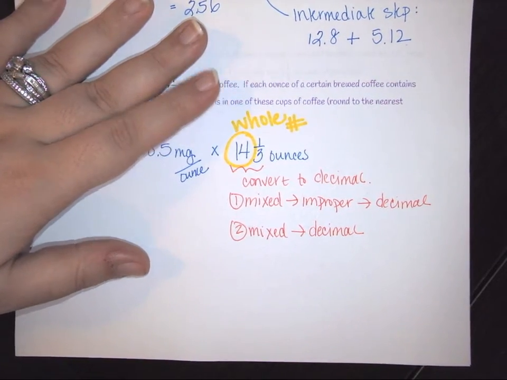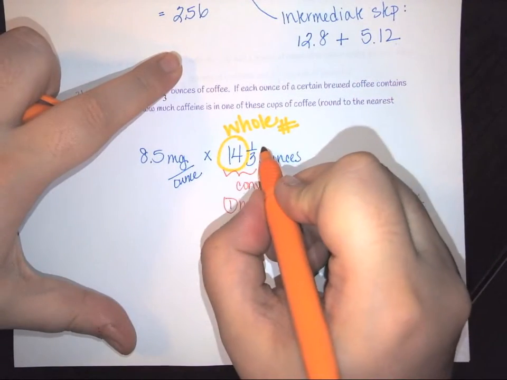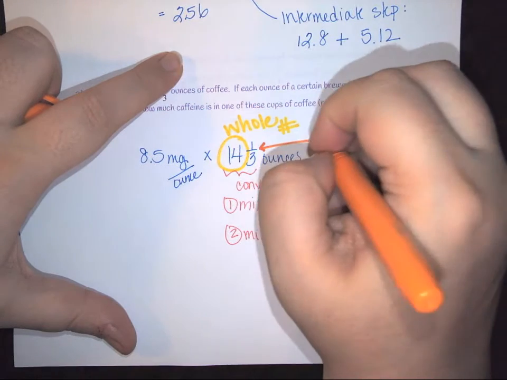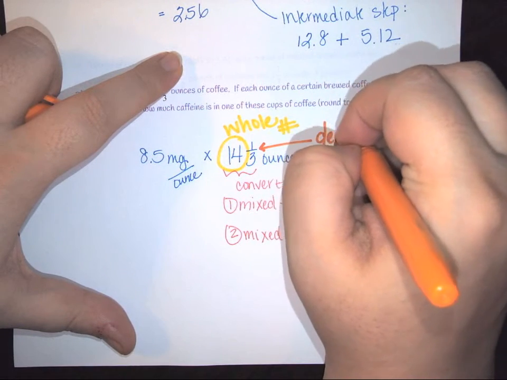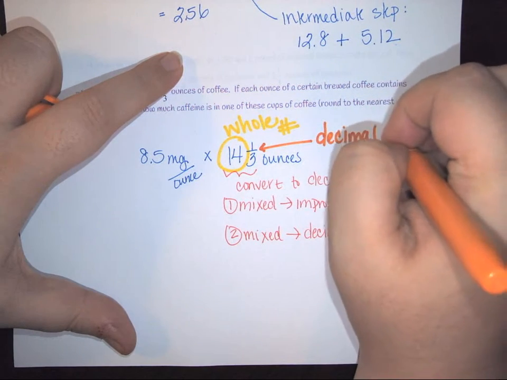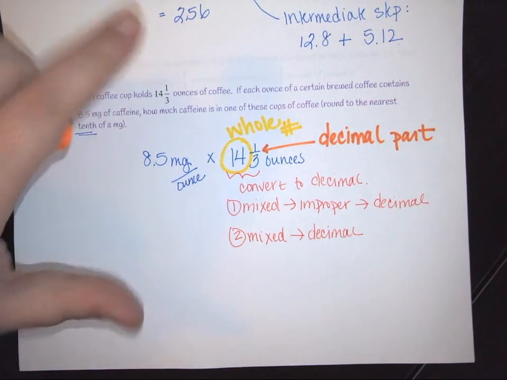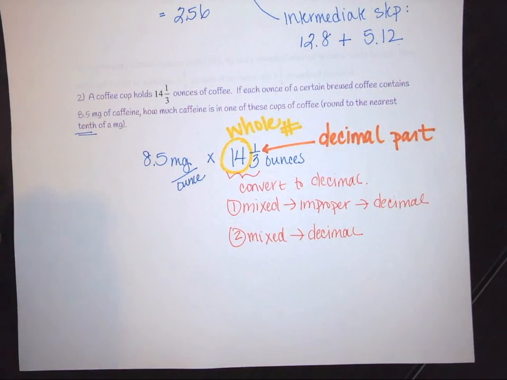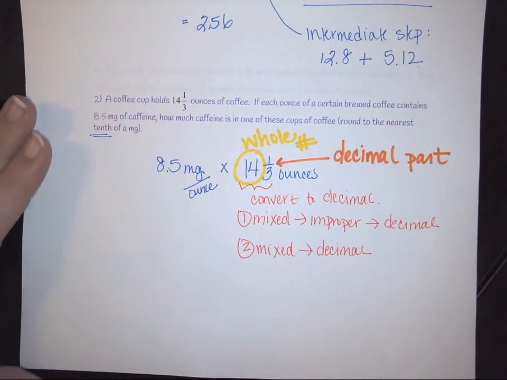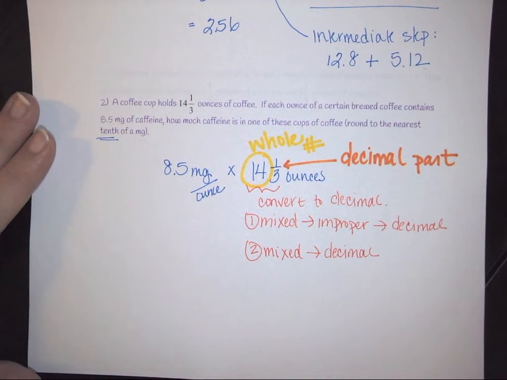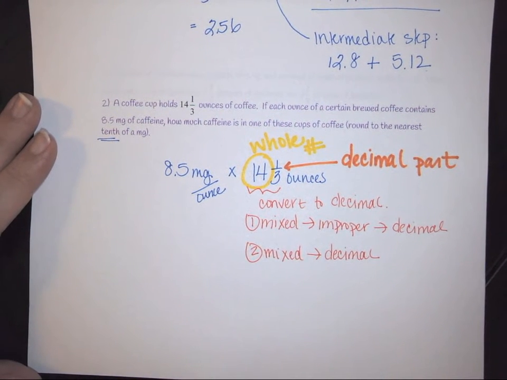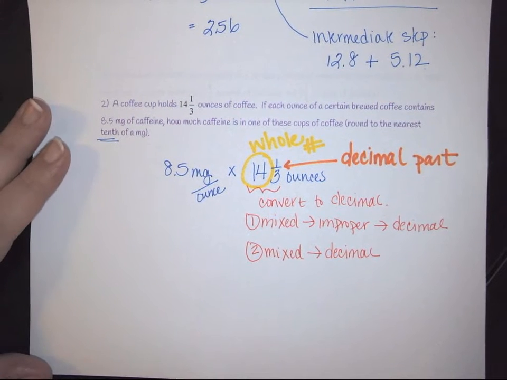That means your fraction part, so the second part here, is actually going to give you the decimal part. So essentially what we have is you have 1/3, which is going to be 0.3 repeating.